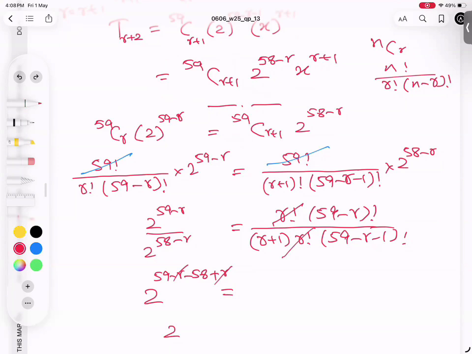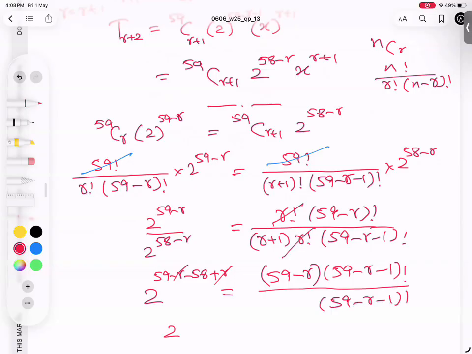So 59 minus r is bigger. If we reduce 1, we get 59 minus r minus 1, because 1 less means minus 1. And I want to stop here, factorial. They will cancel out, and r plus 1 is left here.